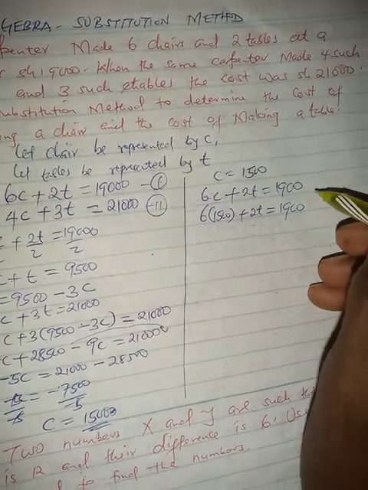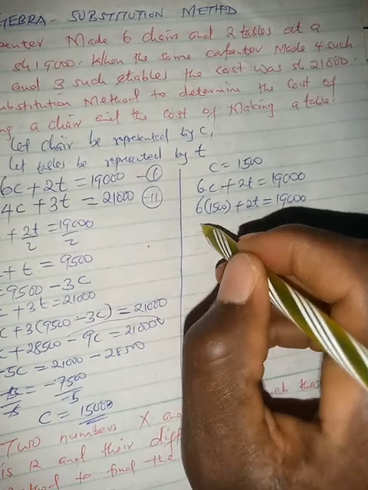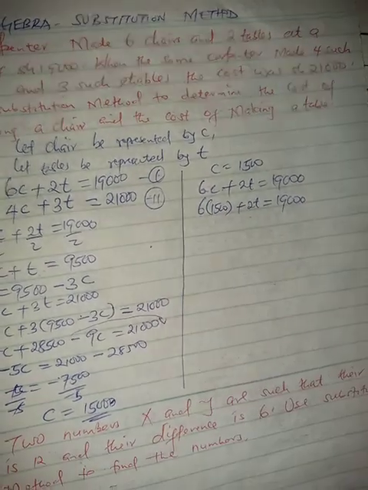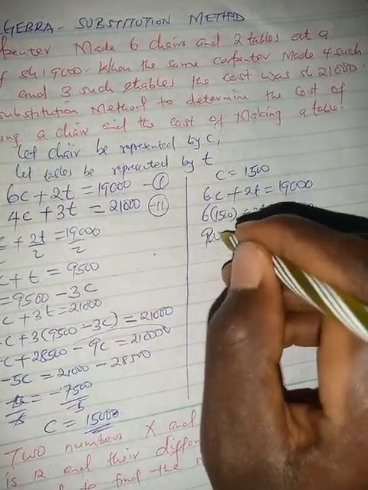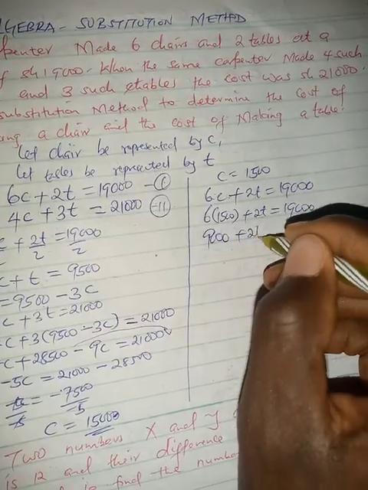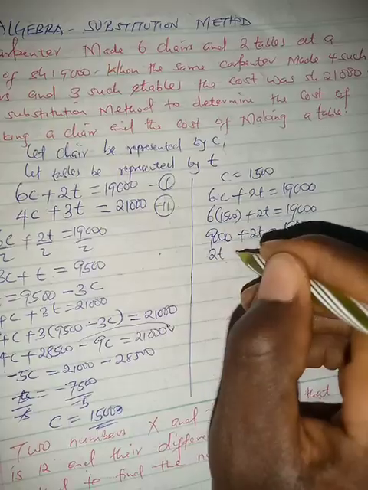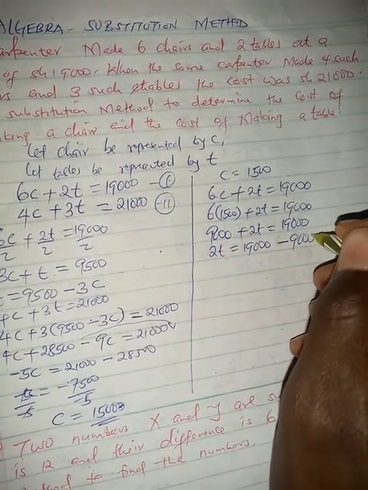Sorry, it is 19,000. Such that now it will be 1500 times 6, which will be 9,000, plus 2t is equal to 19,000. 2t is equal to 19,000 minus 9,000.